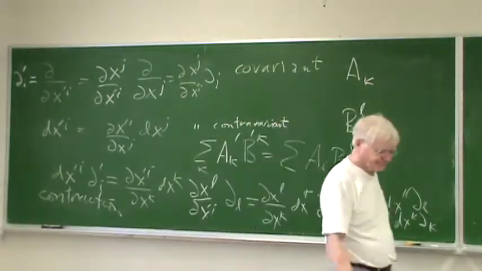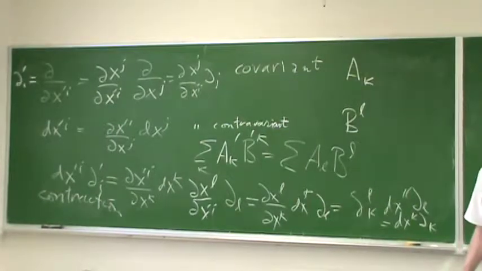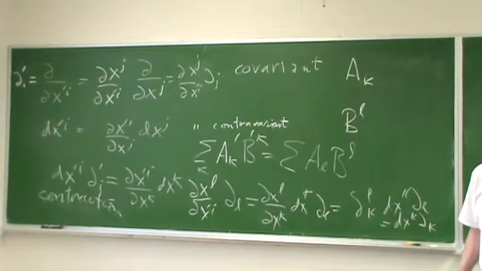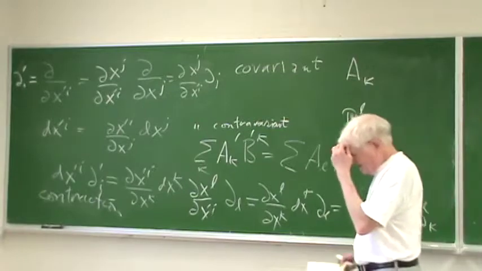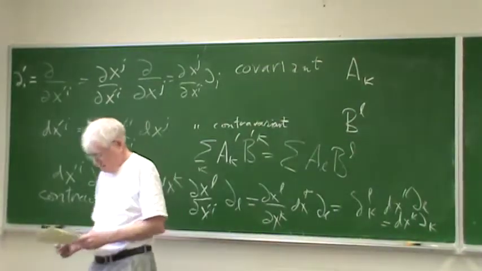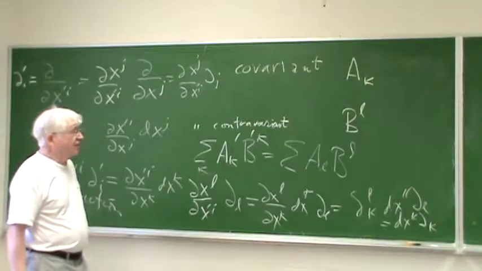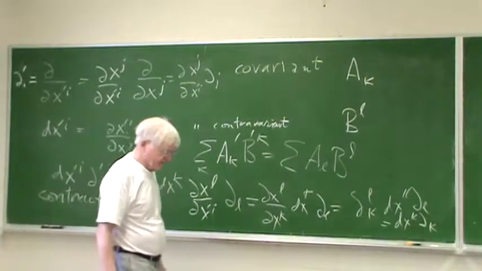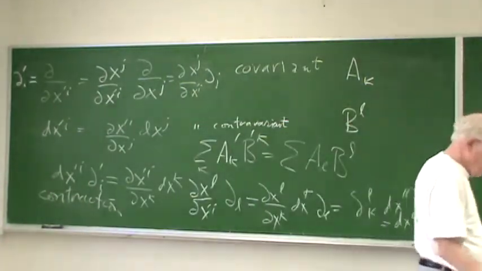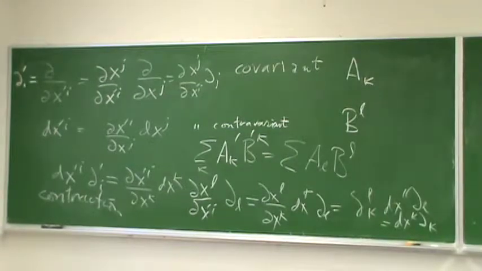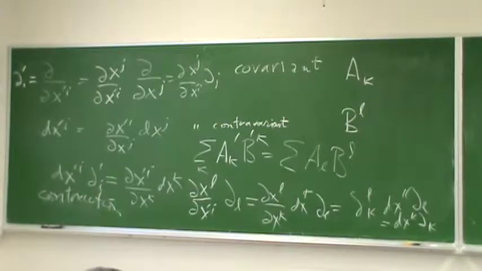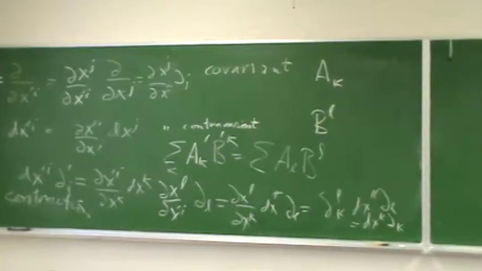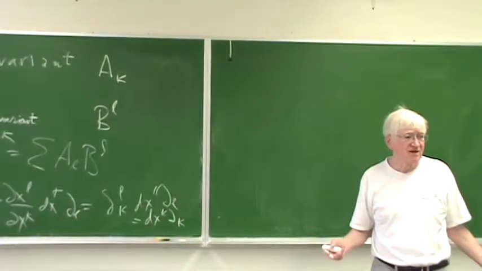Now, one of the ideas of relativity is that we should have equations that don't refer to any particular coordinate system, because of course if the equations did depend on the coordinate system, they couldn't be right because we don't know which coordinate system is right.